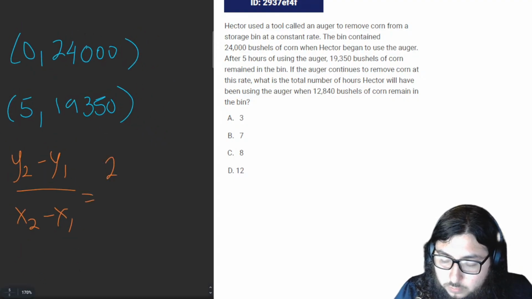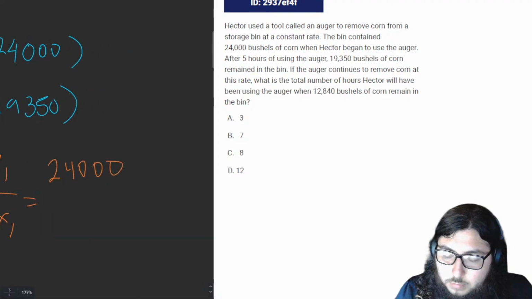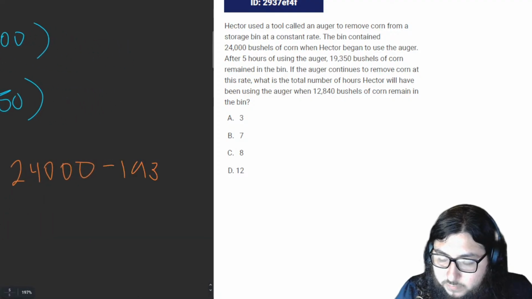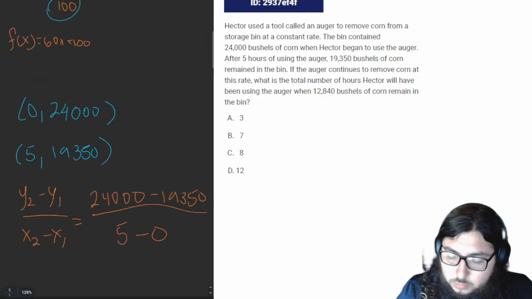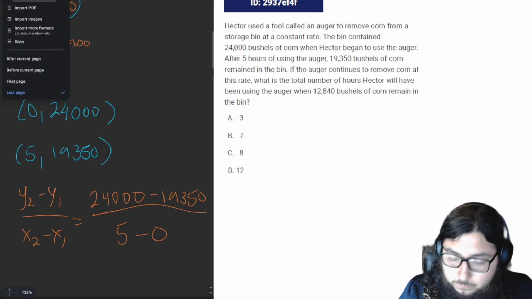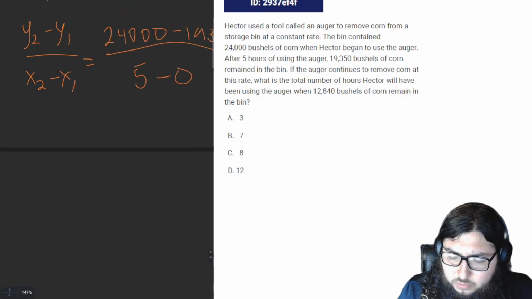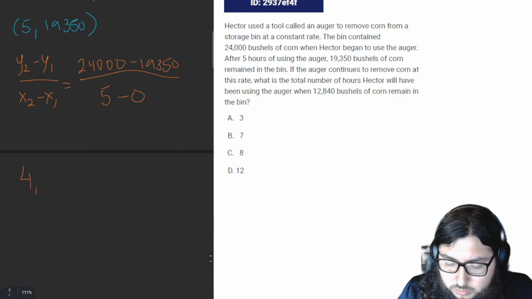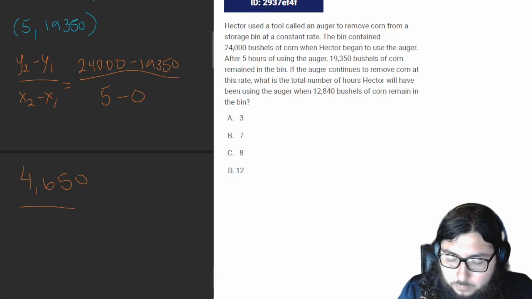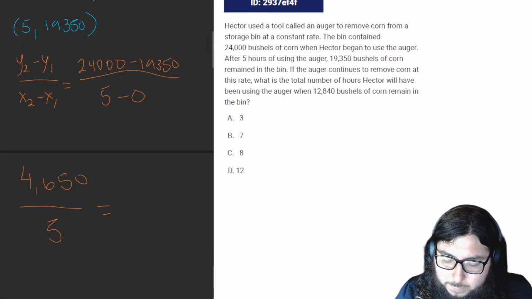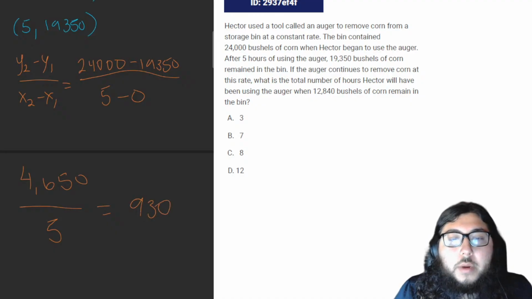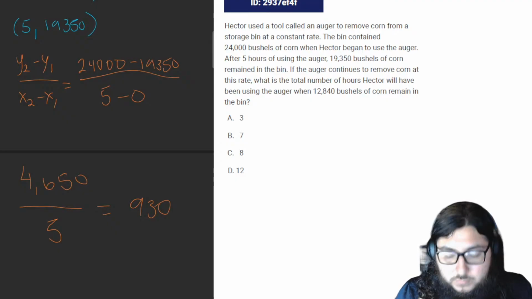So this will be 24,000 minus 19,350 over 5 minus 0, which will give us 4,650 over 5, which will then give us 930. So our hourly rate is 930 bushels of corn per hour.